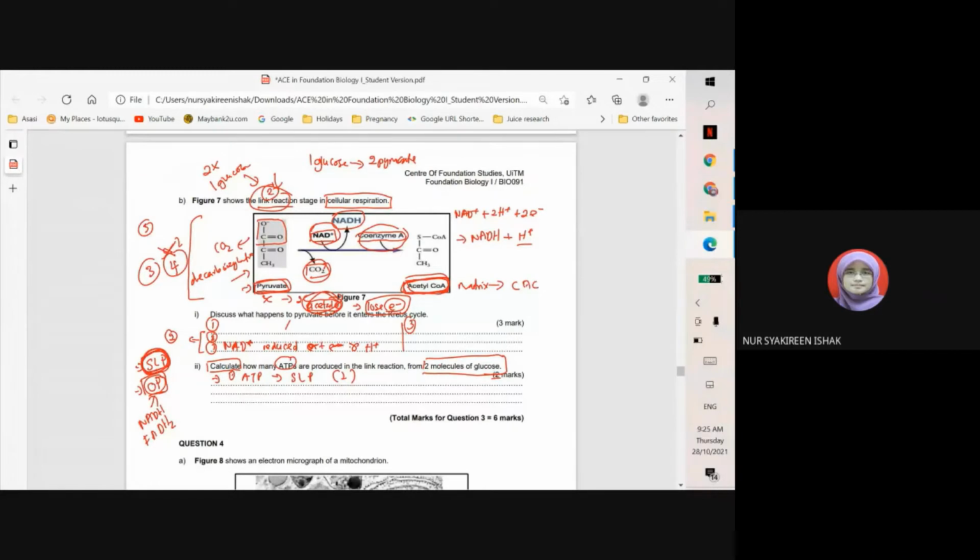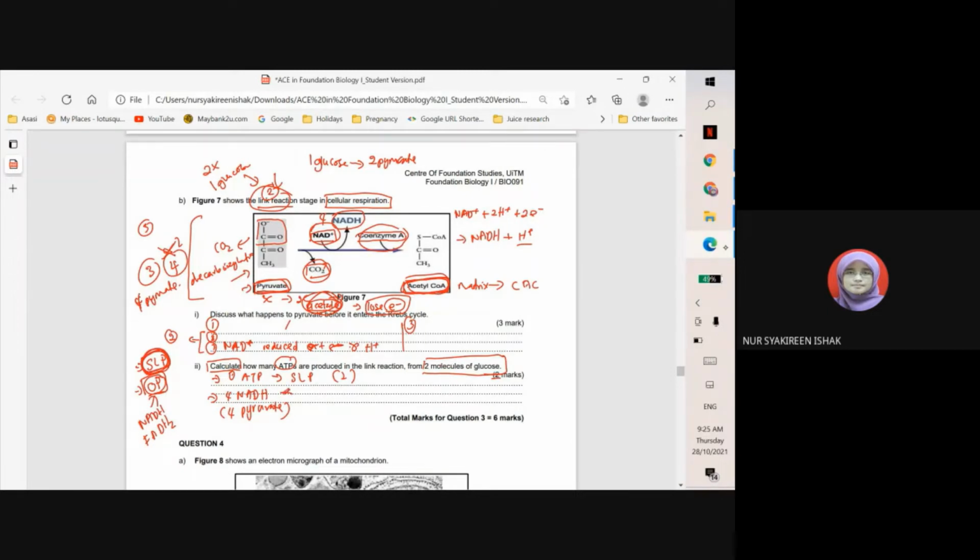Sepatutnya awak kena kalikan dengan 4 lah, sebab 4 pyruvate okay, yang akan masuk link reaction one at a time. Okay, so maksudnya 4 NADH yang akan terhasil. So for NADH, from 4 pyruvate molecule enter the link reaction one at a time to produce 4 NADH.